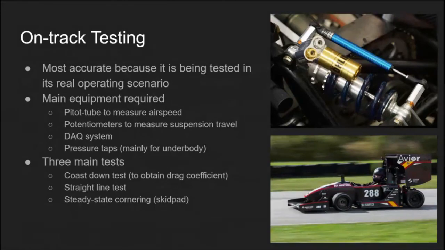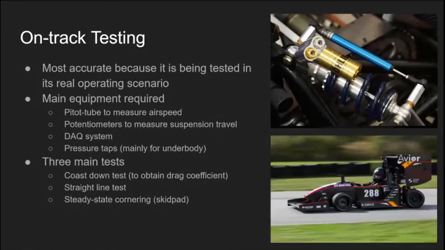Straight line test, which is where you basically gun it down, you accelerate to 60 kilometers an hour, for example, hold it there for as long as you can, like let's say 100 meters, and then your potentiometers will reach a steady state, and then you can see, okay, at 60 kilometers we produce this much downforce, at 20 this much, and you can try a bunch of different straight line tests at different speeds.